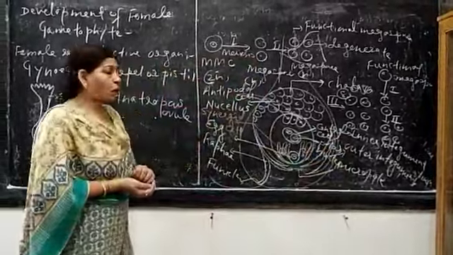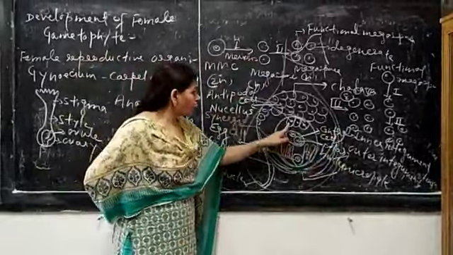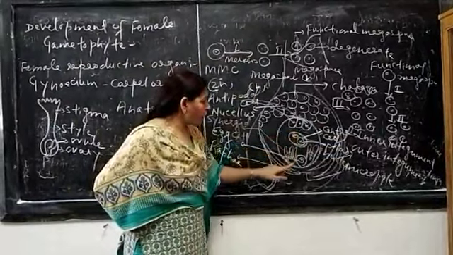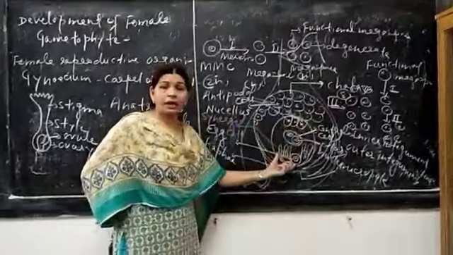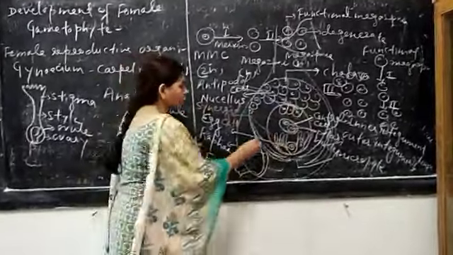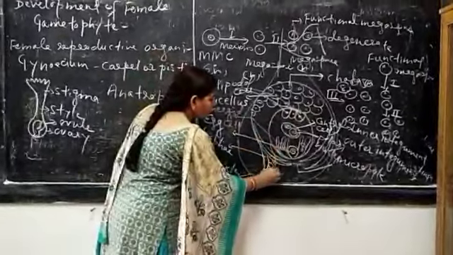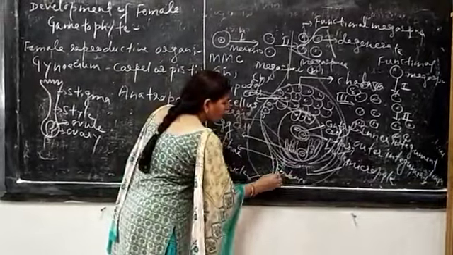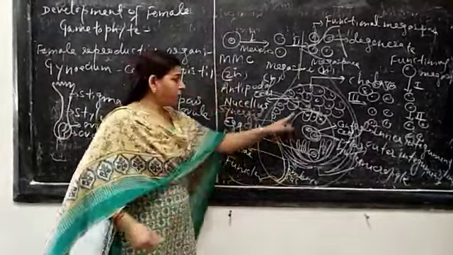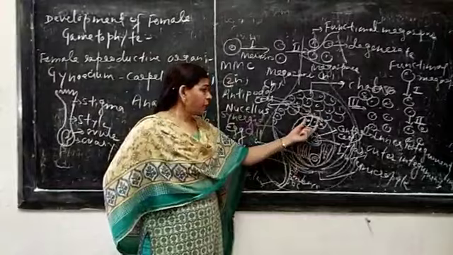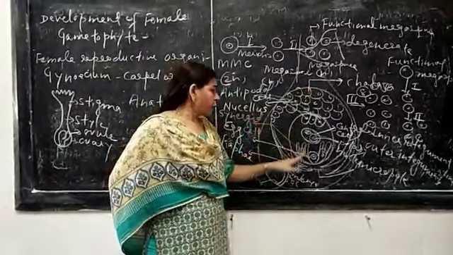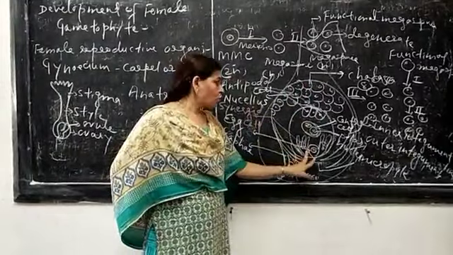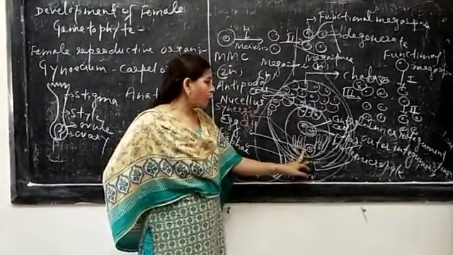Okay, so count how many nuclei: 1, 2, 3, 4, 5, 6, 7, 8. So these 8 nuclei are arranged in an embryo sac. This structure is called the embryo sac. Within the embryo sac, the 8 nuclei are arranged in this manner. 3 act as antipodal cells in the chalazal region. 1 acts as the egg. 2 act as synergid cells or supporting cells.